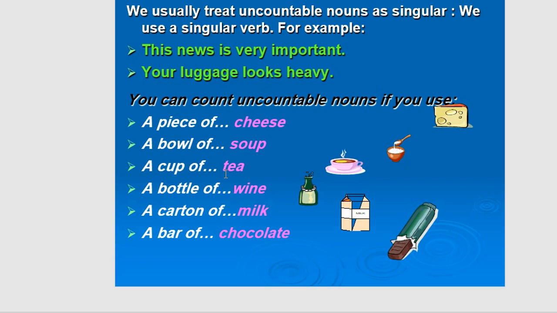Tea, soup, cheese, wine, milk, chocolate are all uncountable, and we can make them countable by pieces or by the measure. We didn't change the uncountability of the nouns, but we try to count them somehow by adding these expressions.